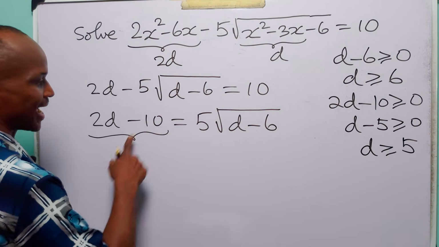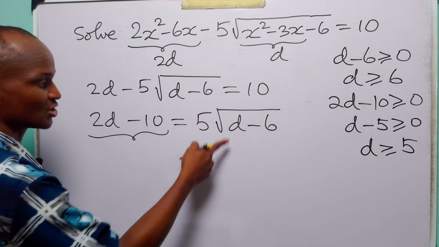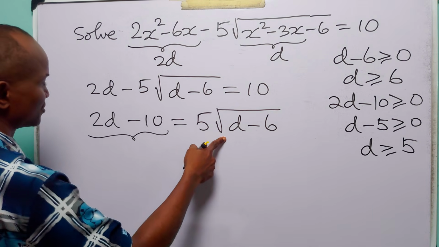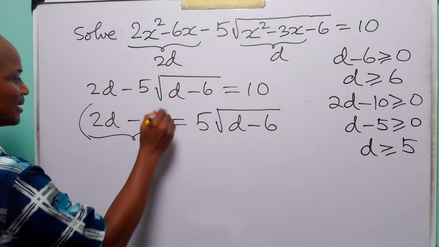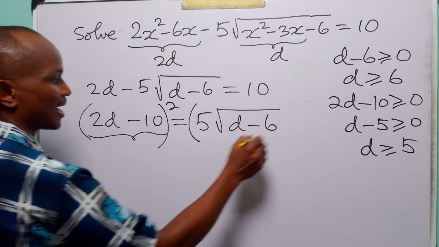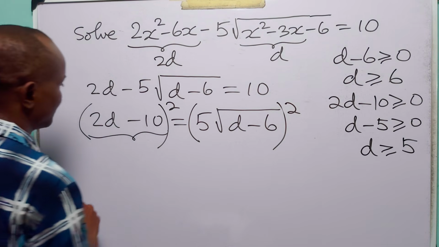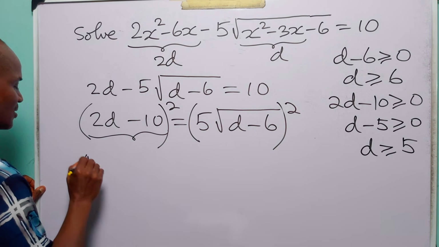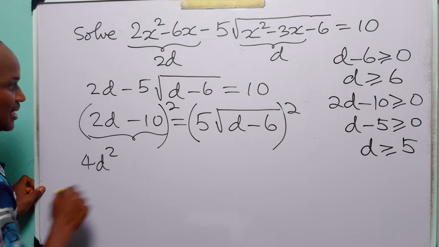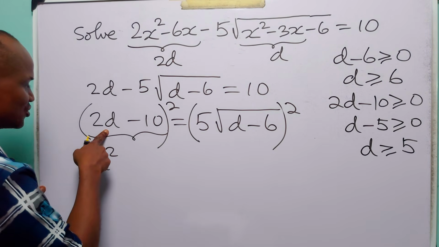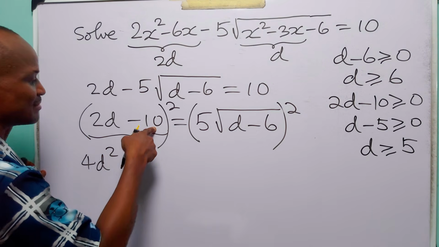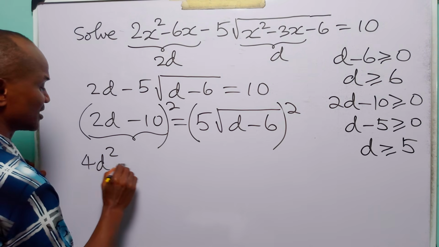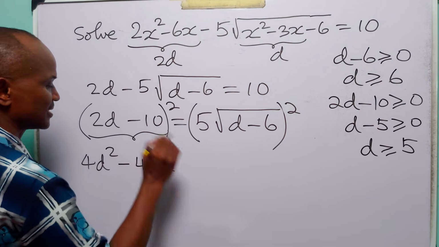Now, we can go on and square both sides of this equation to get rid of this square root. When we do that, this is squared and this is squared. 2d squared is 4d squared. Then we have 2 times 2d, that is 4d, times minus 10, that is going to give us minus 40d.